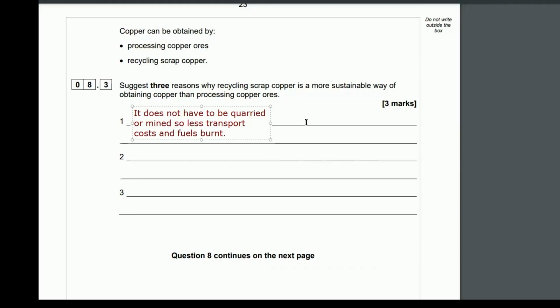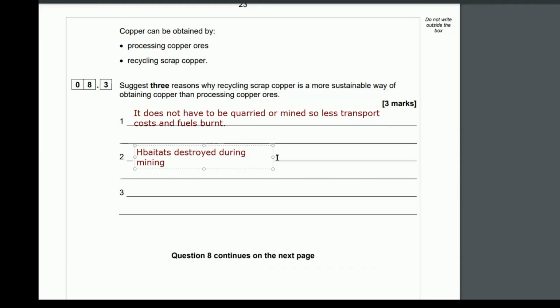So when you're processing it, you're probably going to need trucks to go to the mine, dig it out of the earth, etc. We could say habitats destroyed during mining. I've kind of already mentioned mining. I probably should get off the whole mining. What other points can we come up with? So, no electrolysis needed, which uses electricity, because sometimes you extract copper using electrolysis.